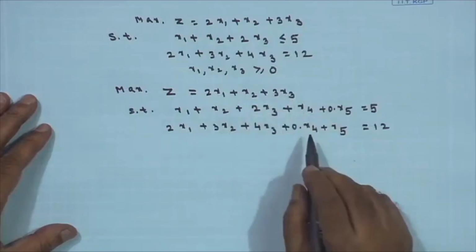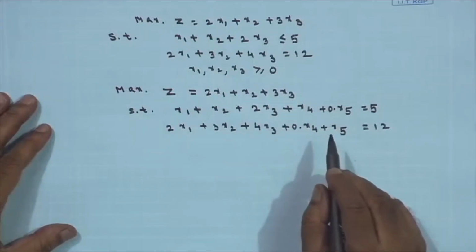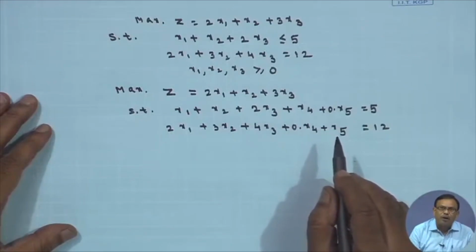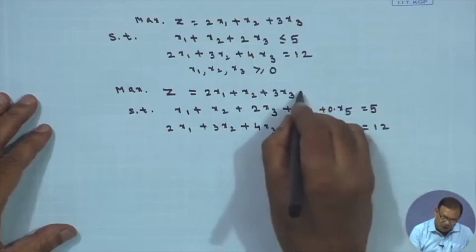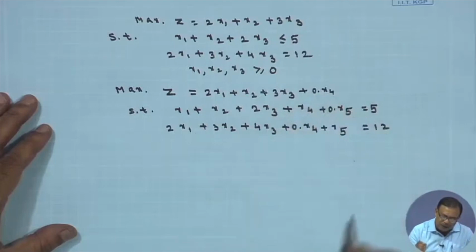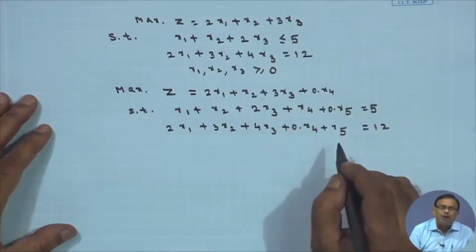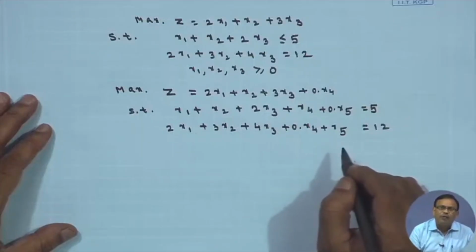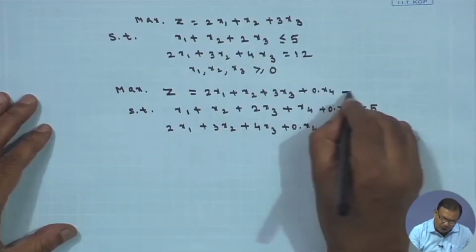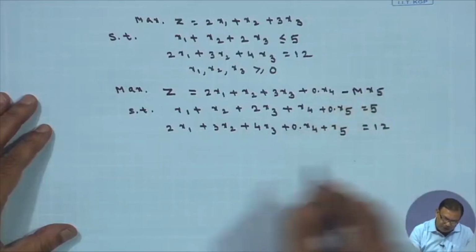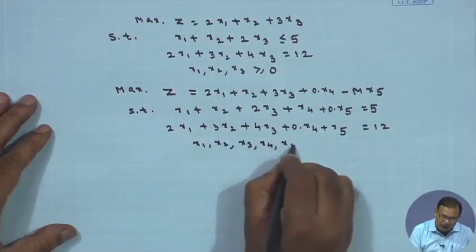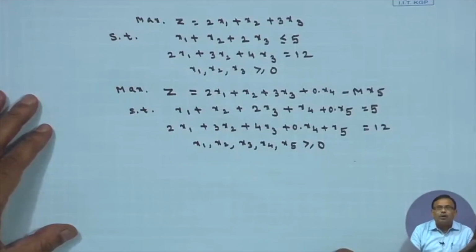As you know, the coefficient of a slack or surplus variable in the objective function is 0, so you can write 0 into x4, and corresponding to the artificial variable x5, your coefficient will be a very large negative number, which we denote by minus M. So it will be minus M into x5, and x1, x2, x3, x4 and x5 are all greater than or equal to 0.